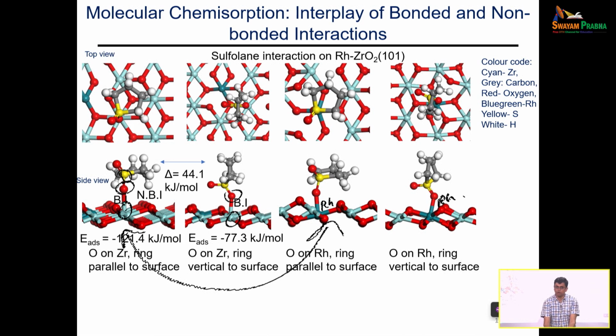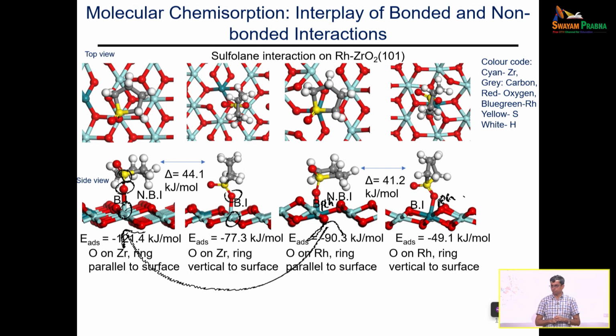This and this configurations are the same, but different site. So, we have seen in the past that if site changes, adsorption energy will change. Do you expect the trend to remain the same? Almost the same. 44 versus 41, that is a very minor change. So, sites matter, non-bonded interactions matter. Adsorption is not as straightforward as you thought it was, right.